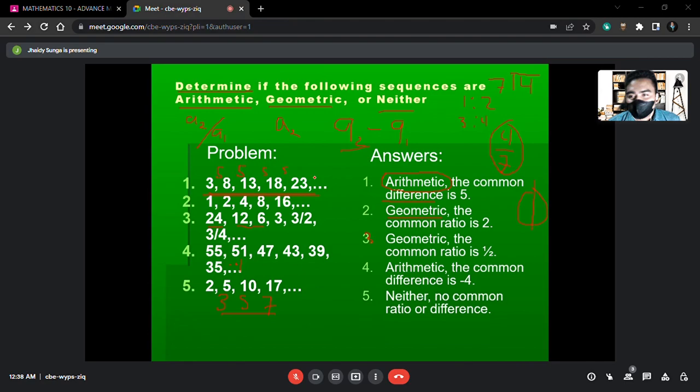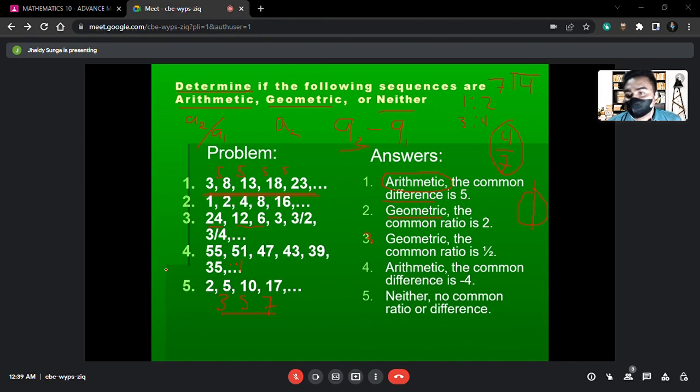We could see that in arithmetic, there is always a common difference, while in geometric, there is a common ratio. The common thing between the two is that each difference and each ratio in a sequence is similar in each term, right?